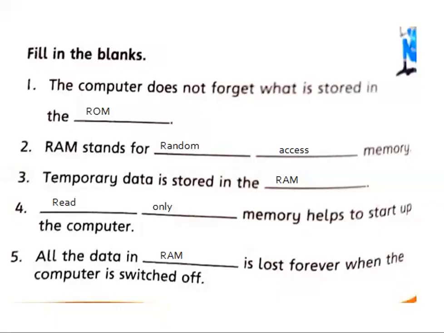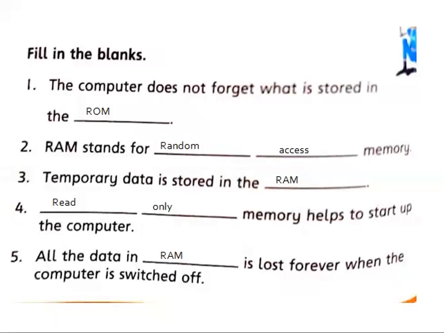Okay, we also have fill in the blanks on page number 28. It's also about ROM and RAM. The first one is: the computer doesn't forget what is stored in the ROM because ROM is a permanent memory.